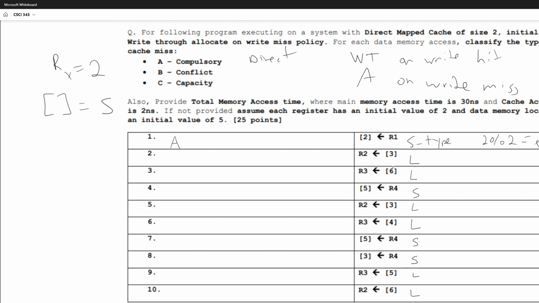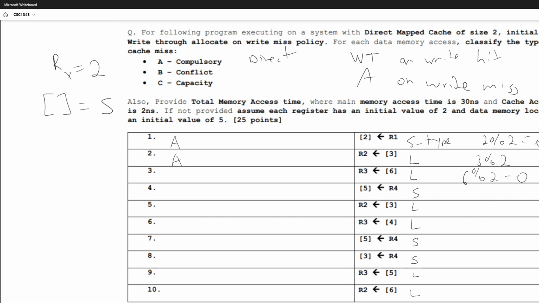L type instruction is going to be a compulsory miss, not in the cache. So this is 3 mod 2. Three is going to go here. 6 mod 2 equal to 0.